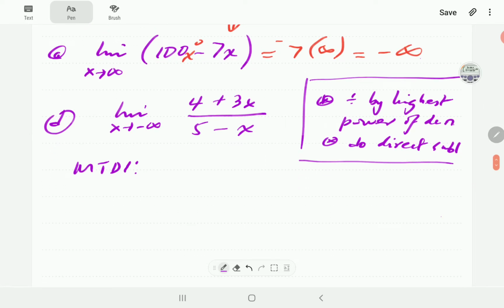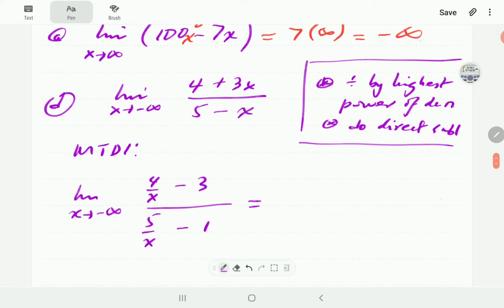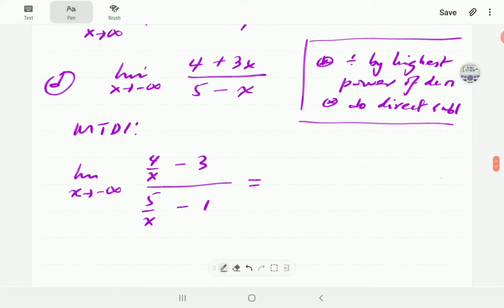In the denominator, the highest power is x. So we're going to divide everything by x. It's going to be 4 over x. Here, 3x over x is just going to give us 3. We're going to have 5 over x here, minus 1. And then we're going to let x go to negative infinity. Now remember, we said reciprocal powers of x as x goes to plus or minus infinity go to 0.